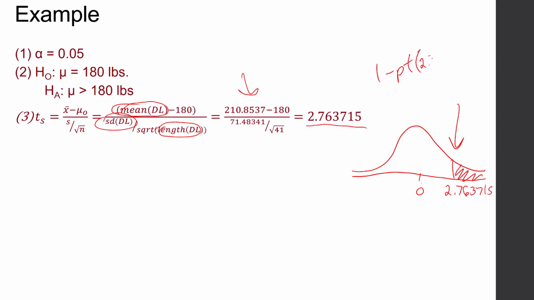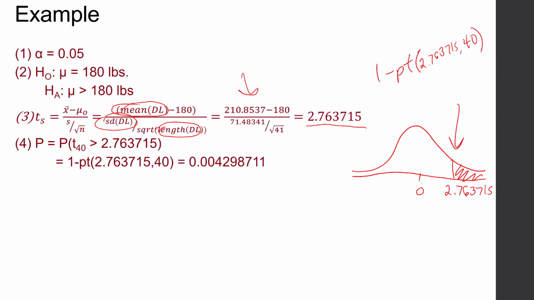My number of interest is 2.763715, and my degrees of freedom are n minus 1. There are 41 observations in my data set, so my degrees of freedom are 40. So the probability of being larger than 2.763715 is 1 minus pt of 2.763715, comma 40, which gives me that that area is 0.004. So we have a very tiny p-value.